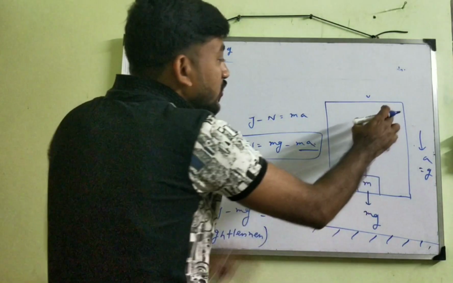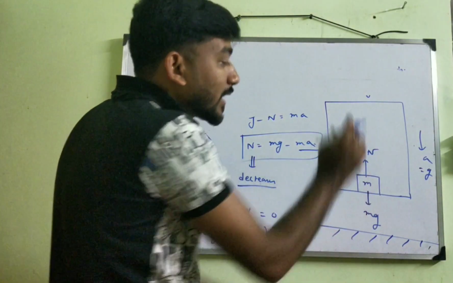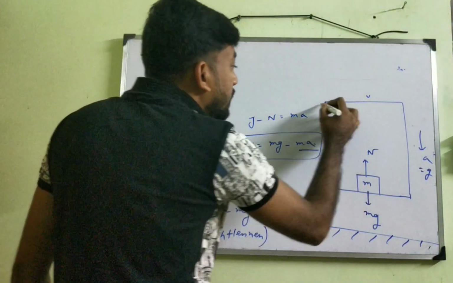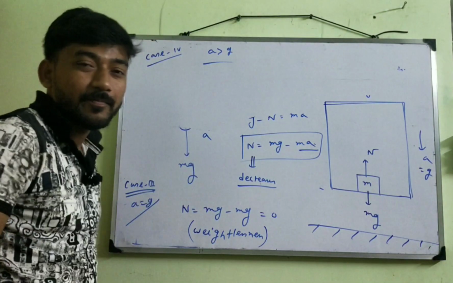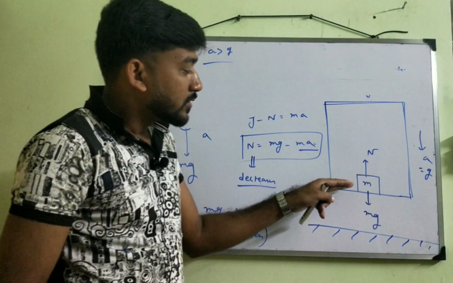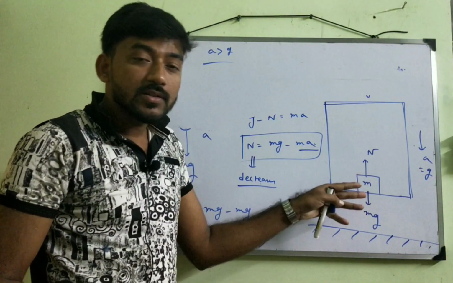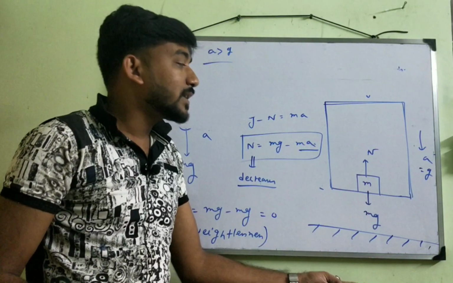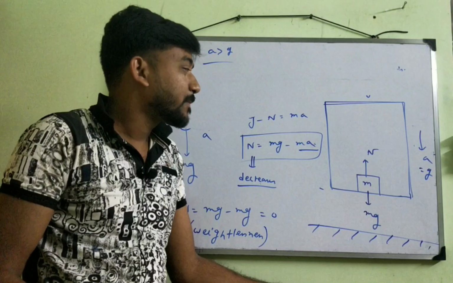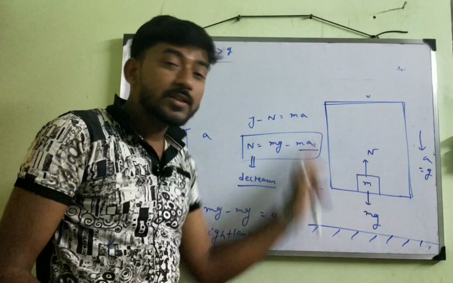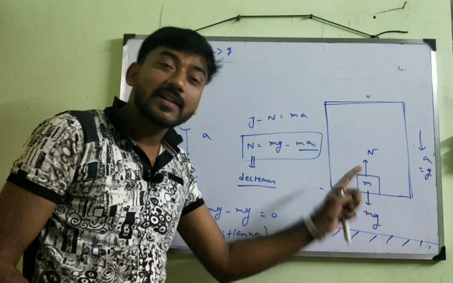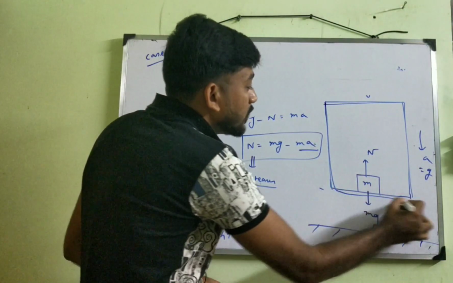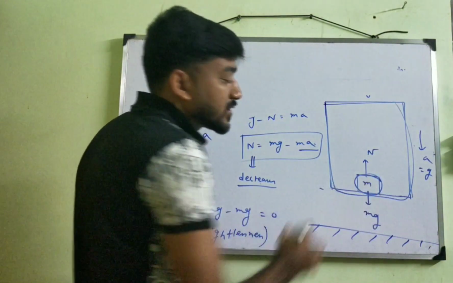But if the acceleration of the lift is greater than g, then the acceleration of this frame will be greater than g. This means the objects within the lift are moving downwards with acceleration g, because they are freely falling, but the lift is moving downwards with an acceleration greater than g. So the acceleration of this frame will be greater than the acceleration of the object.